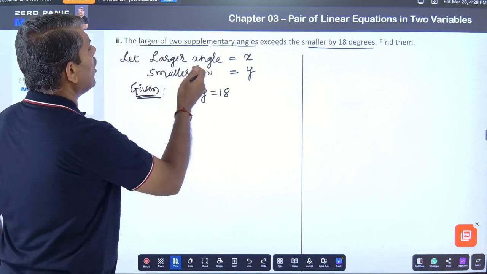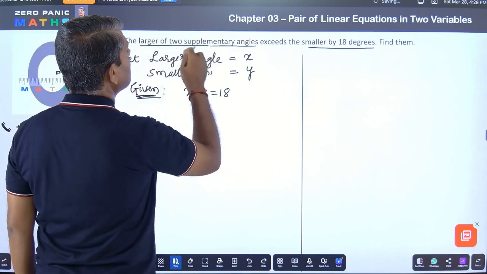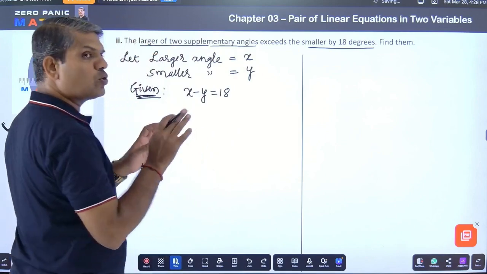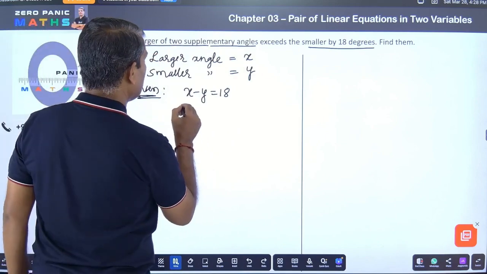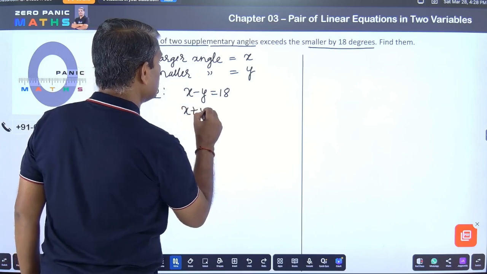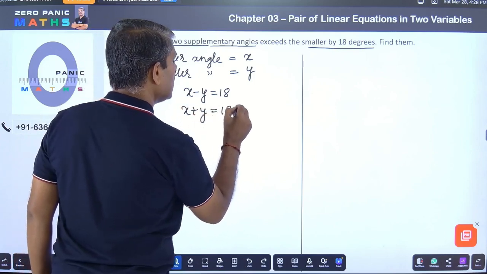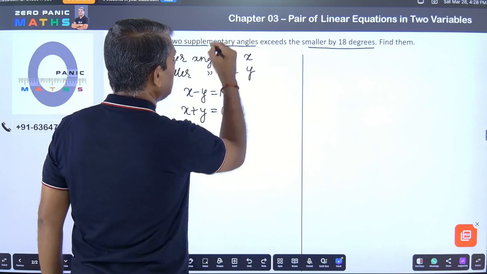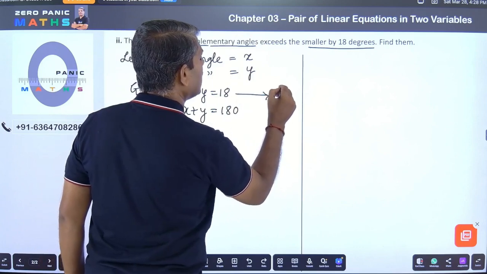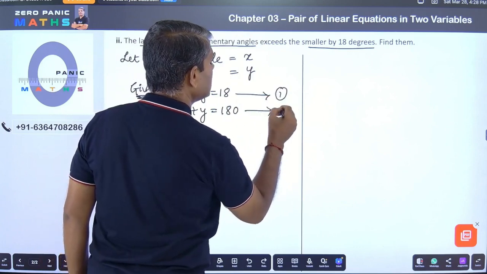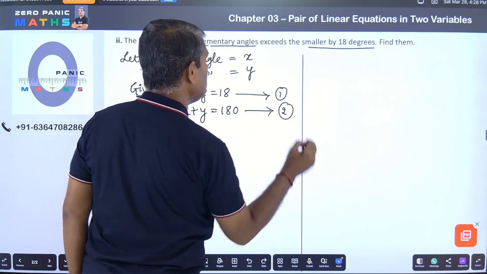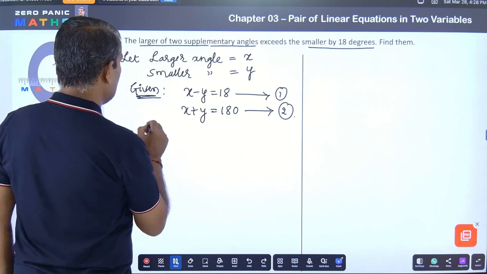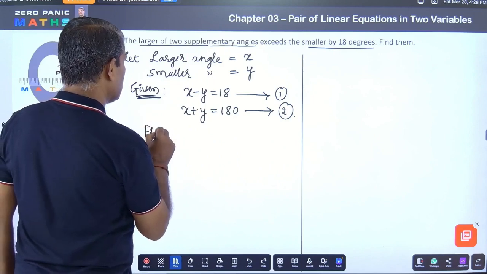Now what is the other information? The hidden information is that those two are supplementary angles. So x plus y, the addition of those two, is equal to 180. This is another equation given with a hidden hint. Assuming that these are equation 1 and equation 2, start the substitution method.